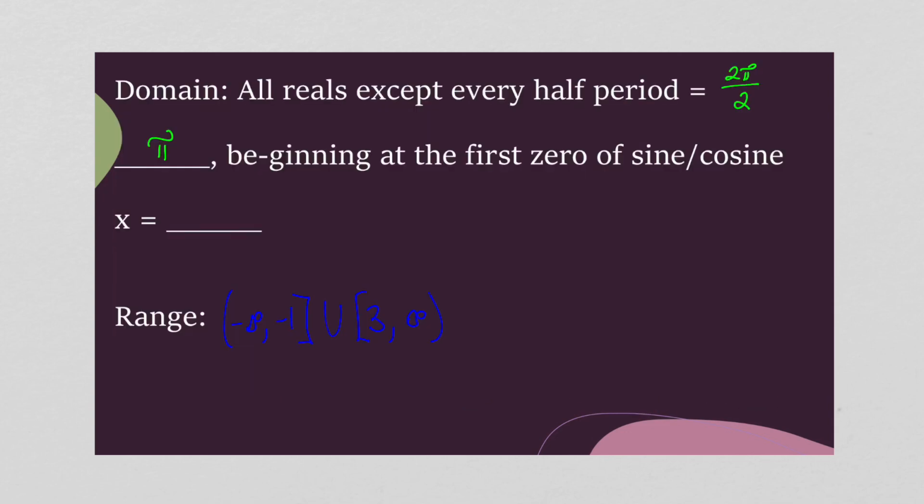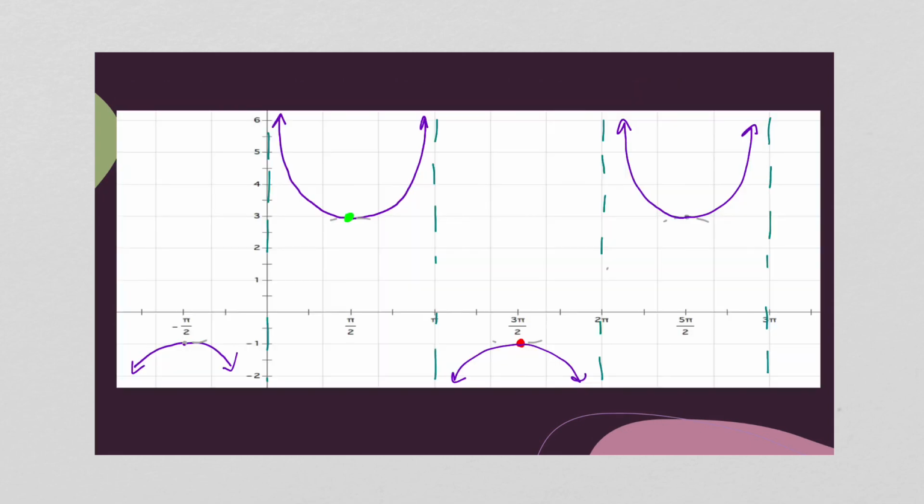Beginning at the first 0 of sine. So the first 0 was right here. Or, yeah, that's technically not correct, the 0 would be somewhere in there. It's actually at the first asymptote.